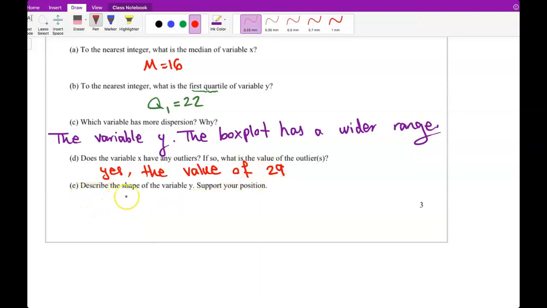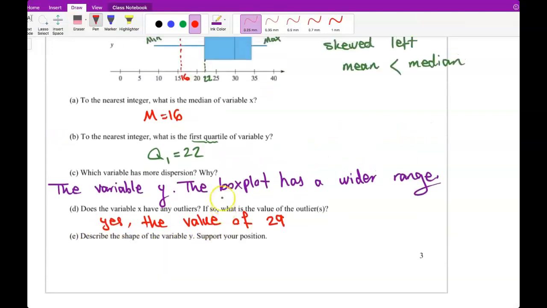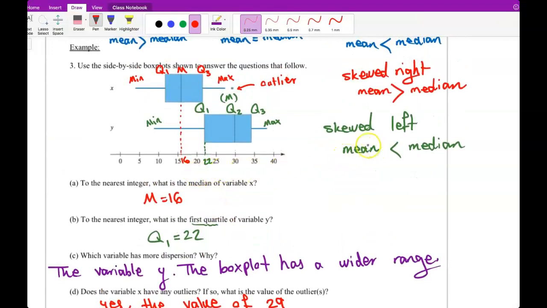Now part E, describe the shape of the variable y. We already covered that one. So the variable y, what is the shape for that one? That is skewed left.